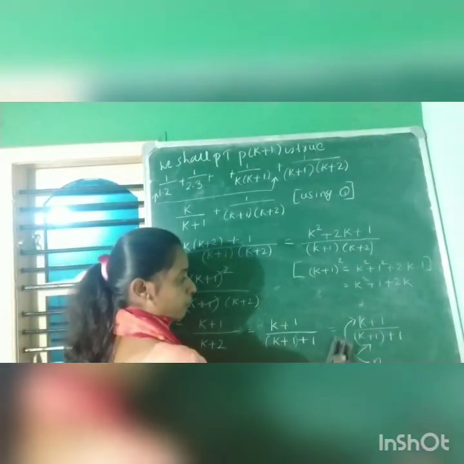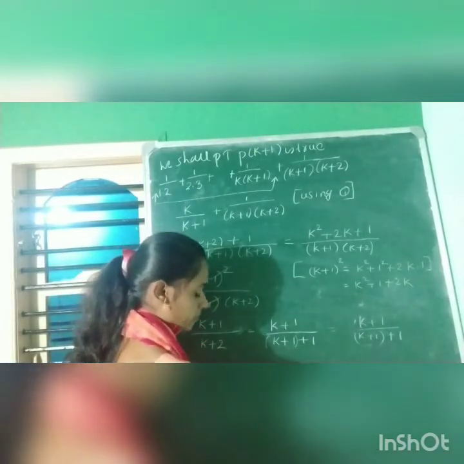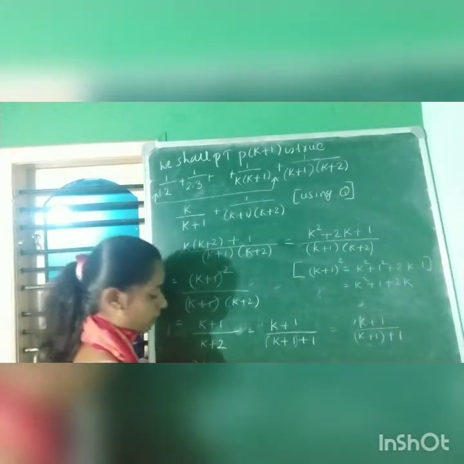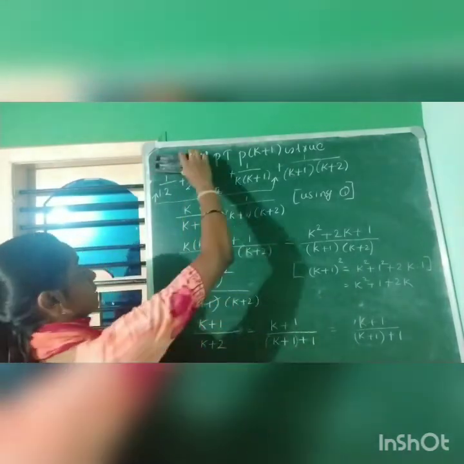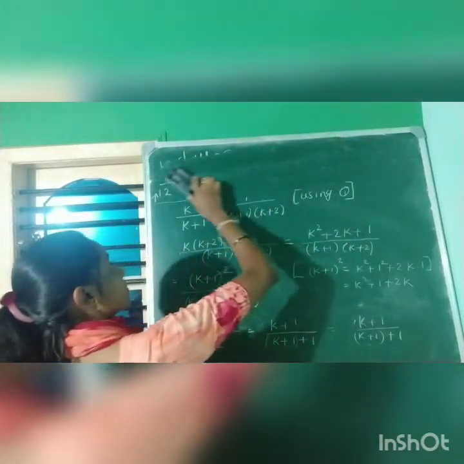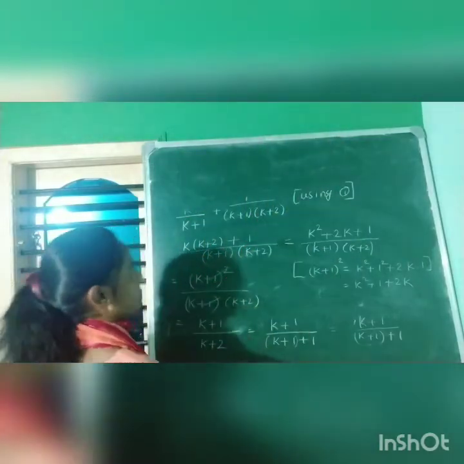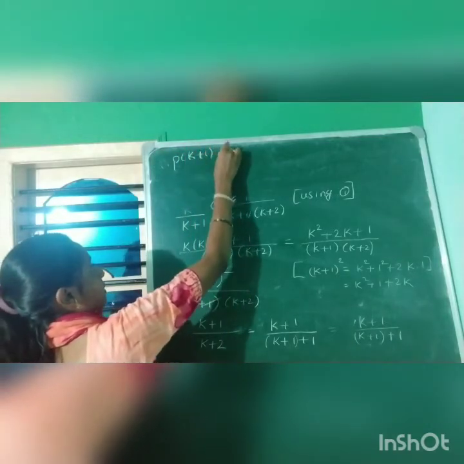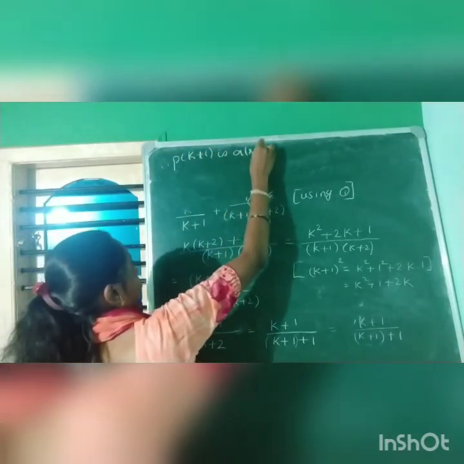Therefore, P of k plus 1, okay, this is not visible. So last you just conclude the problem like, therefore P of k plus 1 is also true.